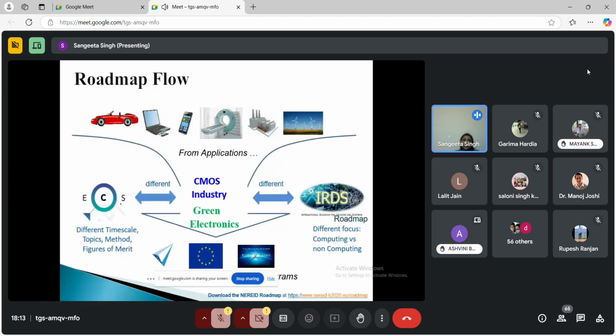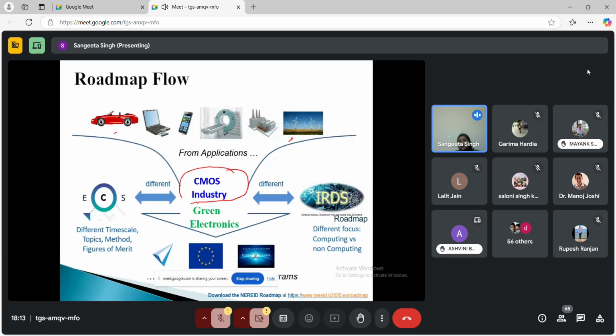Be it an automatic vehicle, your laptop, your palmtop, your cell phone, medical diagnostic appliances and instruments, communication appliances and instruments, even renewable energy. If it is automated, it will have a transistor at its backbone. So we are affecting every single aspect of human life, right?